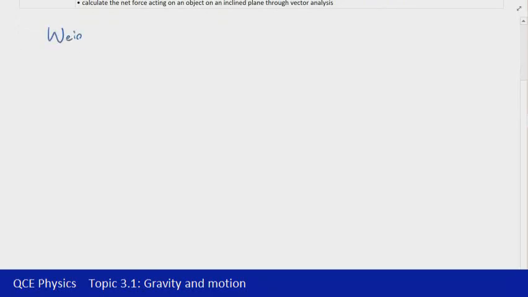Now we have dealt with weight already and you should have a bit of an understanding of what it is, but I just want to clarify it considering that it is specifically mentioned in Unit 3. Weight is basically the force due to gravity that acts on a mass. In order to make sense of that, we'd need to refer to Newton's second law.